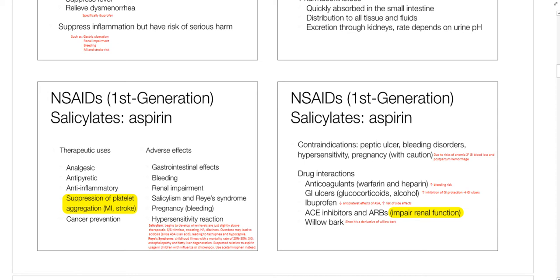Reye syndrome is a childhood illness with a pretty high mortality rate at 20 to 30%. We have things like encephalopathy and fatty liver degeneration. And the suspected relation to aspirin usage in children is with influenza and chickenpox, because kids have some pain with chickenpox or influenza, they have fever, parents are like, oh, let's go ahead and give them some aspirin to take care of that.